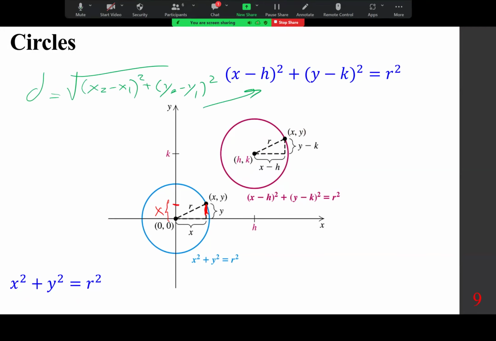So that results in what we are looking for. The distance formula does that. Very straightforward, everybody.